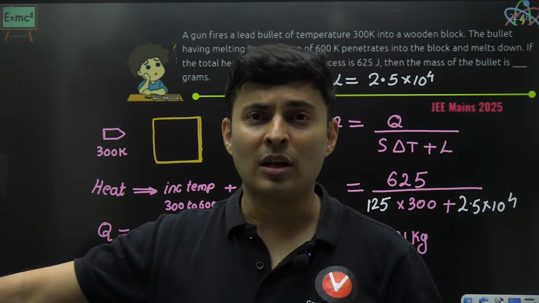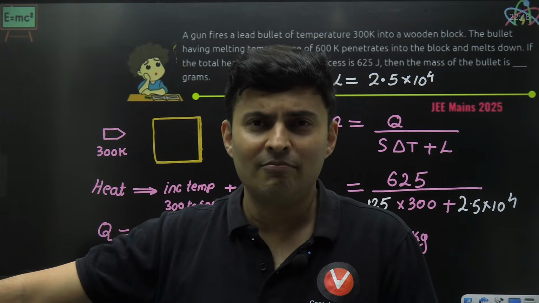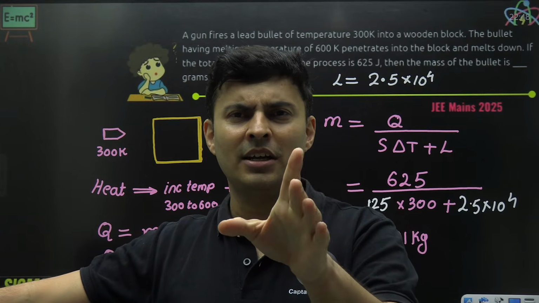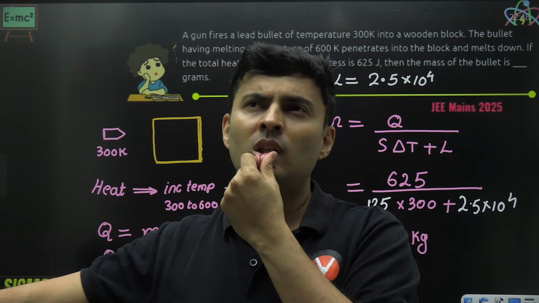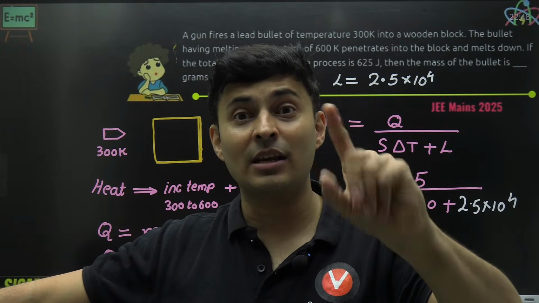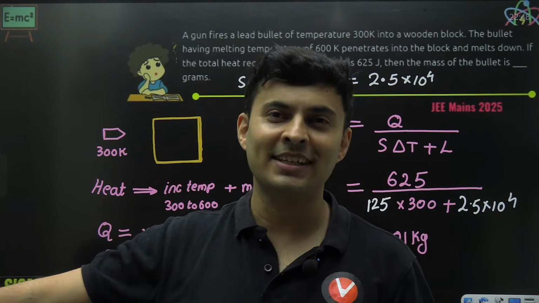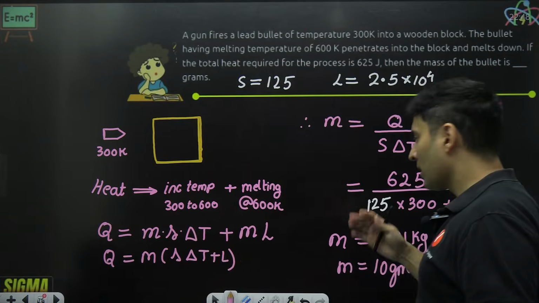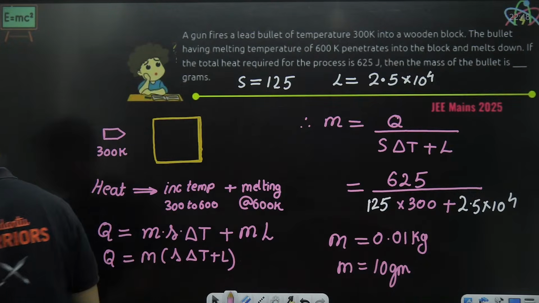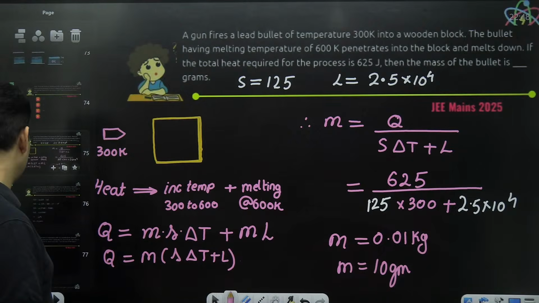Imagine you are Sherlock Holmes, and the material is made of lead, and lead will melt at 600 Kelvin. Then I know how much heat was required. So from that, I can do the reverse calculation of how much mass of the bullet would be there. So that is a very interesting investigation that we have just done. Very good. Awesome.